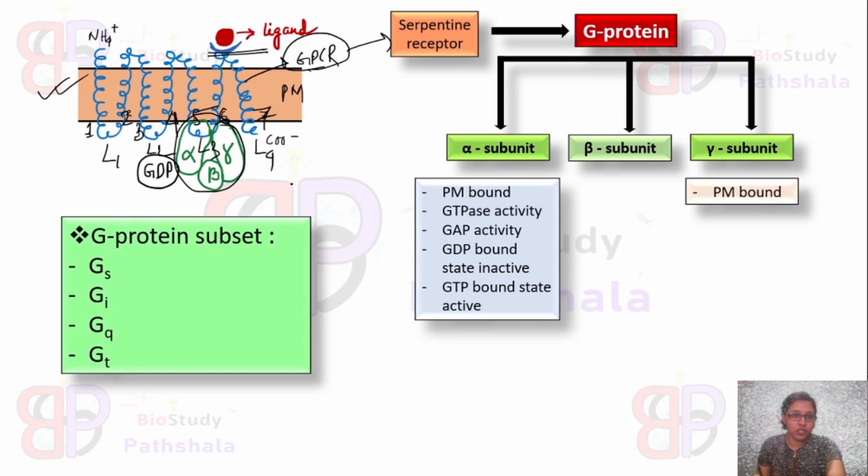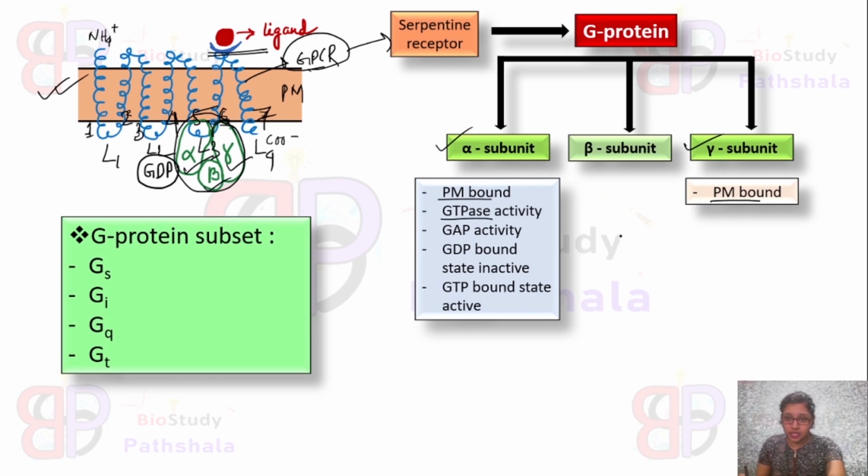Now, this G protein shows 3 subunits: alpha subunit, gamma subunit and beta subunit, as you can see in this figure. You can see the alpha and gamma subunits anchored with the plasma membrane, while the beta subunit is flanked between the alpha and gamma subunits. Now we are having a look at this particular note. The alpha subunit shows the plasma membrane bound state and the gamma subunit also shows the plasma membrane bound state. The alpha subunit shows GTPase activity.